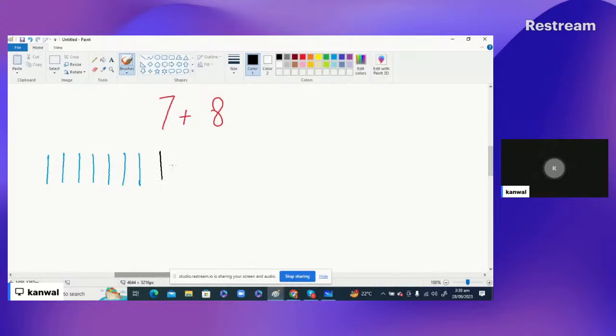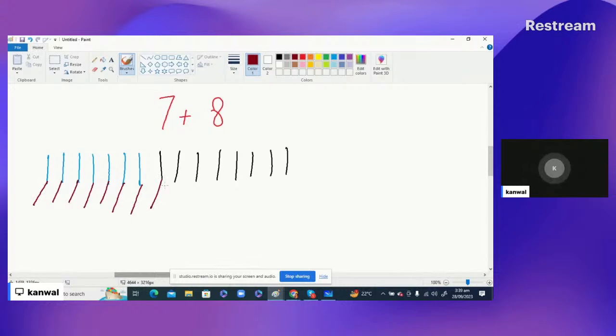Now draw the 8 lines. 1, 2, 3, 4, 5, 6, 7, 8. Now count all the lines together. Let's count. 1, 2, 3, 4, 5, 6, 7, 8, 9, 10, 11, 12, 13, 14, and 15. So you got the answer, that is 15.